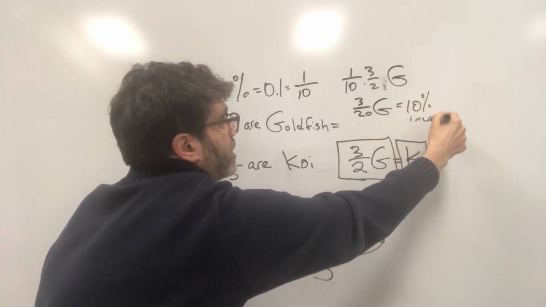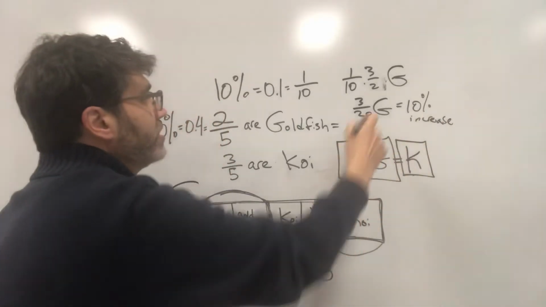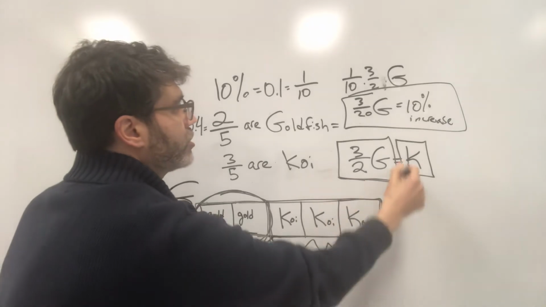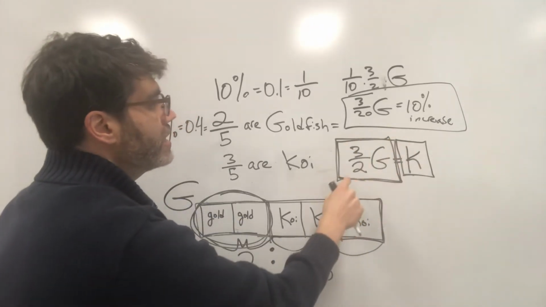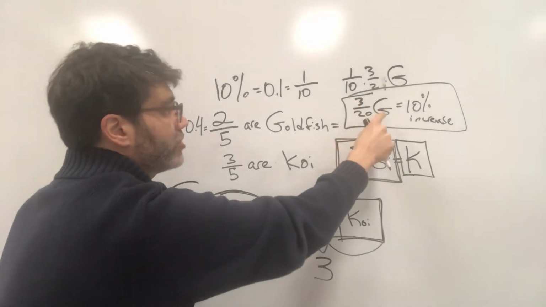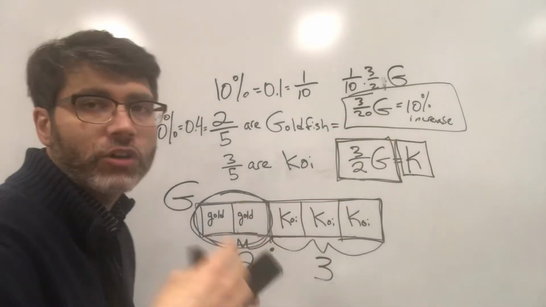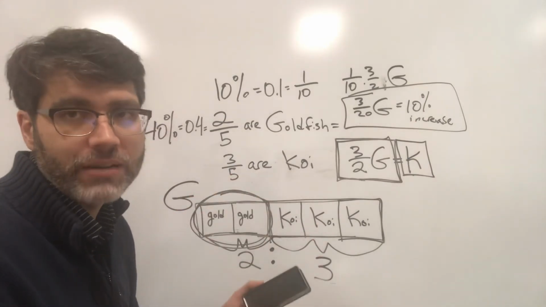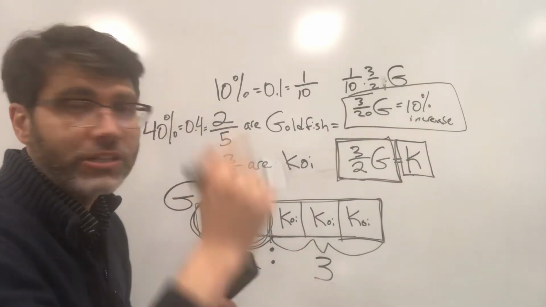This is the 10% increase, and this is the original amount. So I need to add 3/2 g to 3/20 g to get the total amount of koi that's in the pond after we've added 10% more koi to the pond. So let's do that.